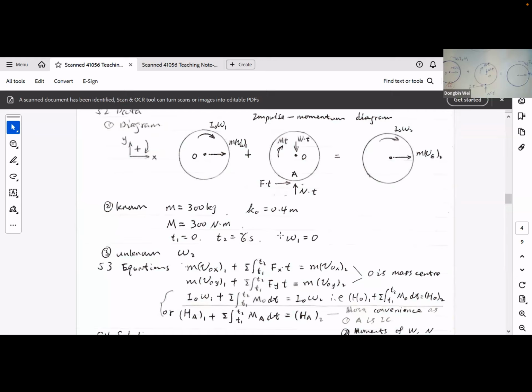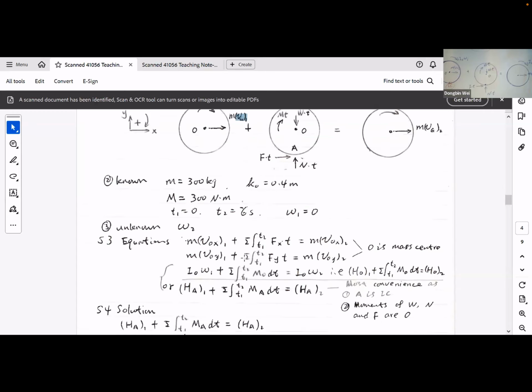Initially it was at rest, so omega 1 should be 0 and vG1 should be 0. Now we can have three equations.